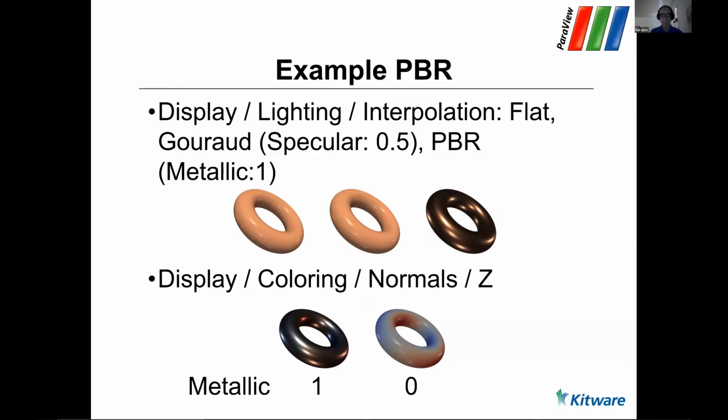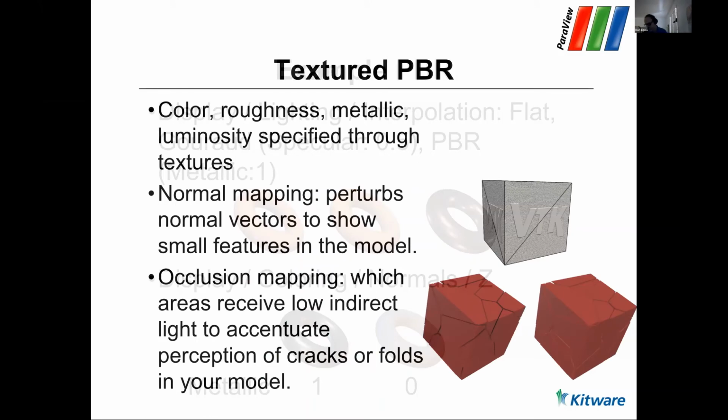So you can use textures to set various parameters for physically based rendering. That happens for Gouraud as well. So you can set color. You can also set roughness and metallic. You can set normals as well, or normal mapping that allows you to perturb the rendering of the surface, so that you simulate small textures in the model.